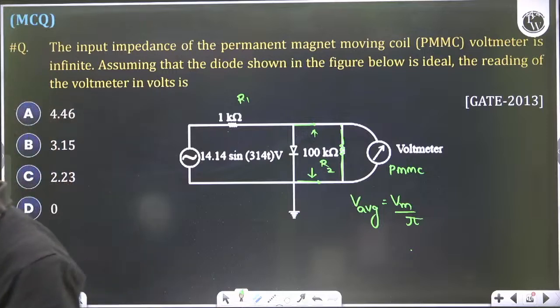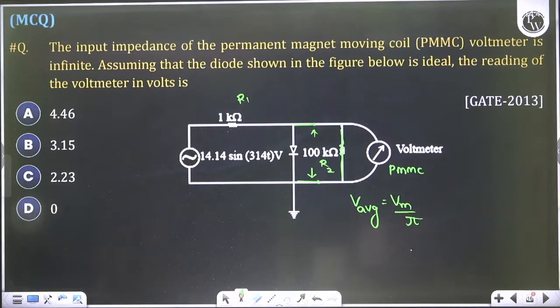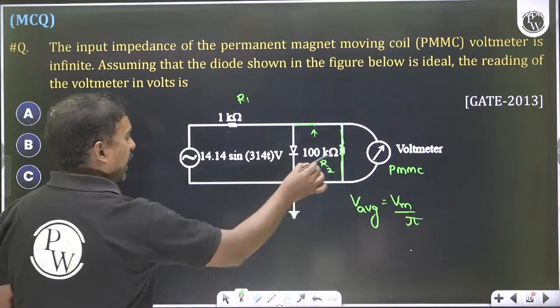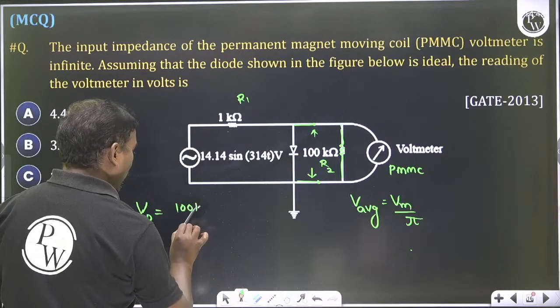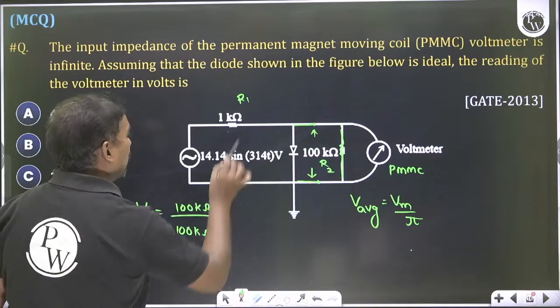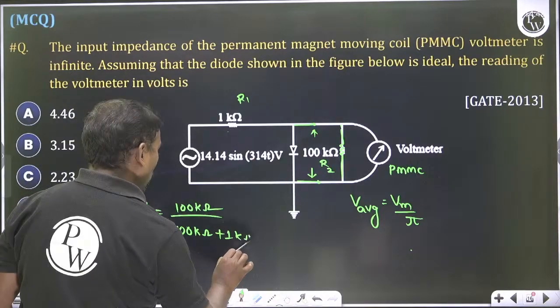V0. It is a half wave rectifier circuit. The voltage across 100 kilo ohms is the average output voltage, that is the reading of the voltmeter. So V0 I can take as 100 kilo ohms divided by 100 kilo ohms plus 1 kilo ohm, into V average.